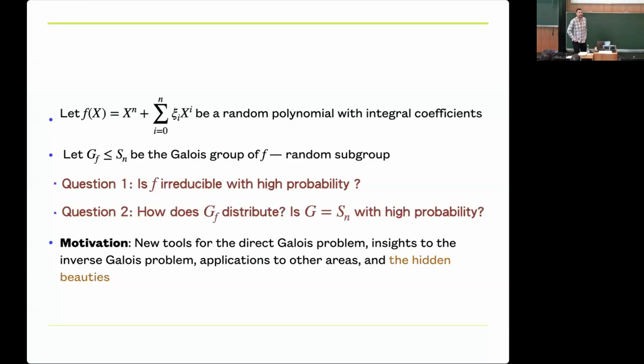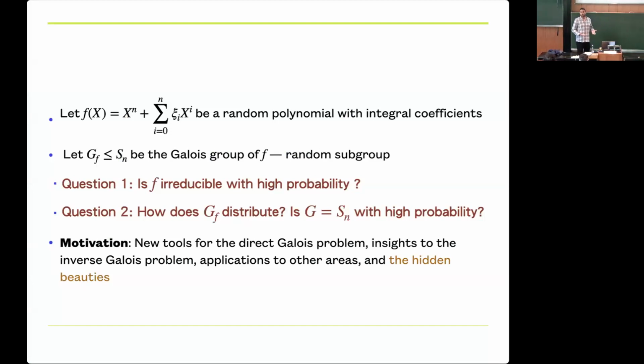So the basic setting is we have a polynomial f of x, and I think of the coefficients as random variables, not necessarily identical, not necessarily independent. It depends on the model how I will choose them. There are some natural ways to choose them.